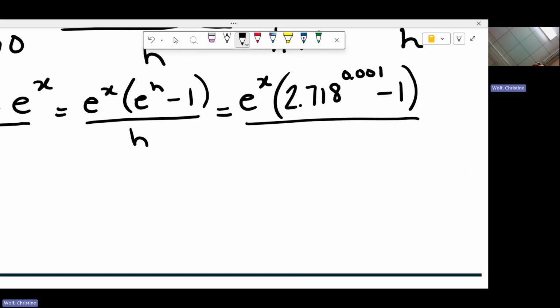And then we are dividing by h again, using that same h value that we plugged into the exponent.